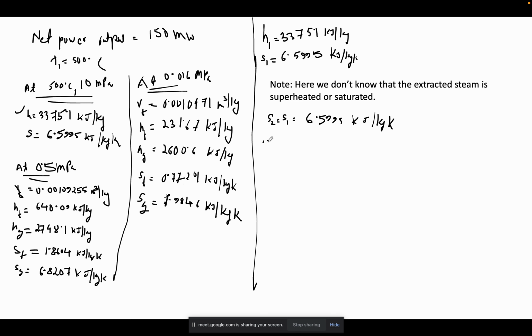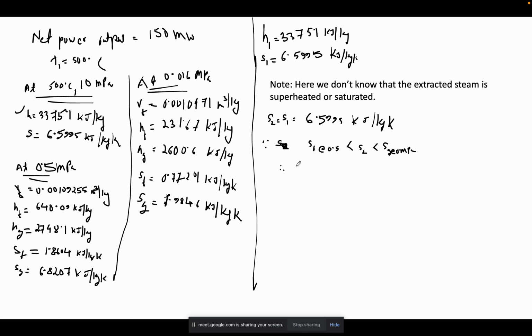Since Sf at 0.5 is less than S2, and S2 is also less than Sg at 0.5 megapascal, that means it lies between these two.